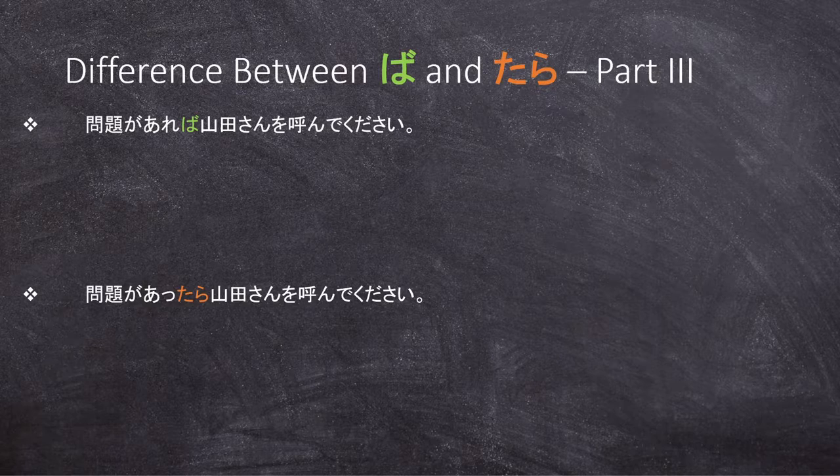Now, you can already conclude for yourself that when you read these two sentences, they almost amount to the same thing. So if you have problems, you should call Mr. Yamada. You should really call Mr. Yamada as a sort of request here, because we have kudasai.